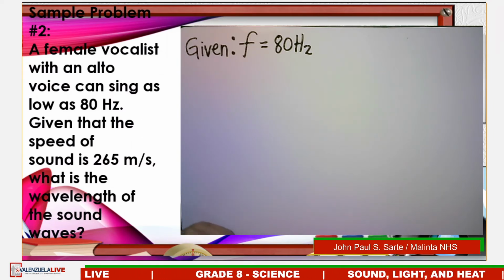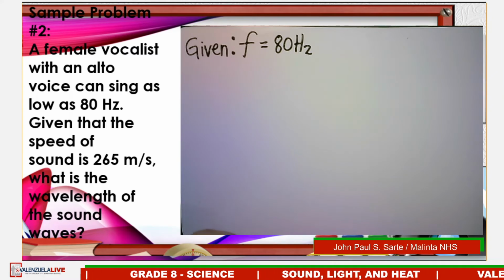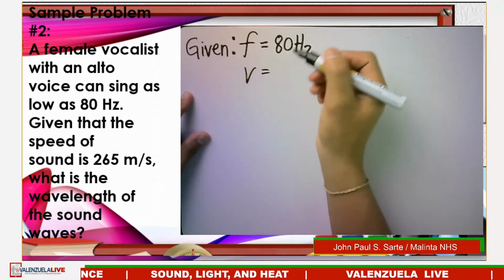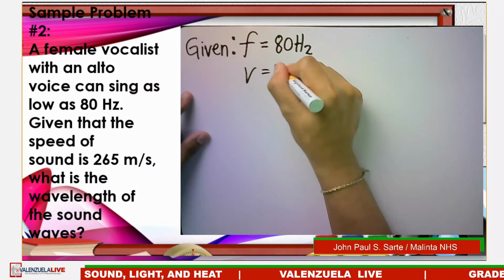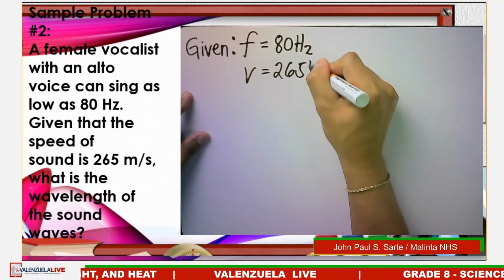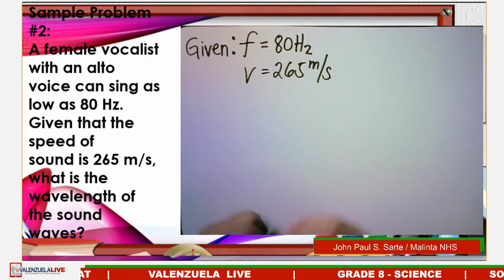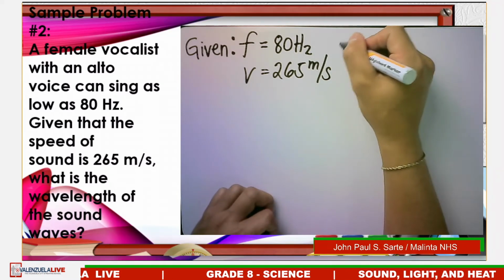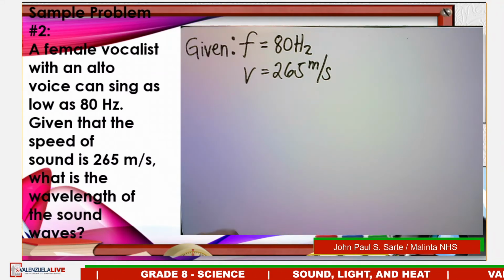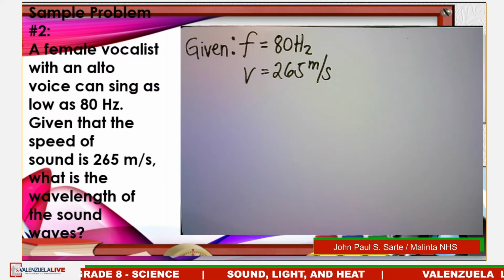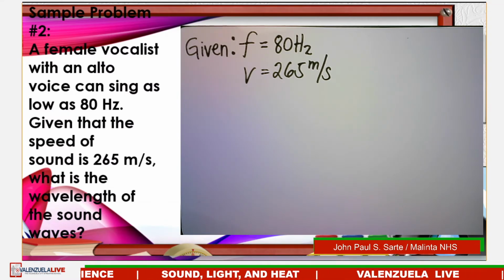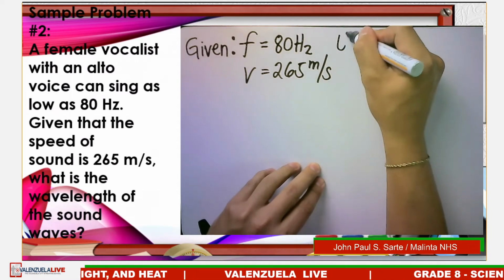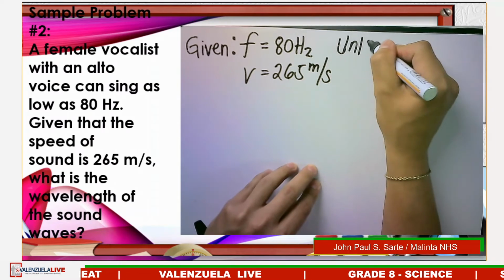Take a look at our given. The given is the speed of sound, which is 265 meters per second. How about the unknown? Are we done with given? Do you see any other given in our problem? Okay, none. Let us proceed now to our unknown.